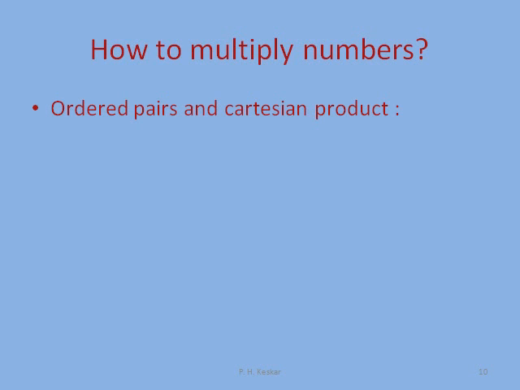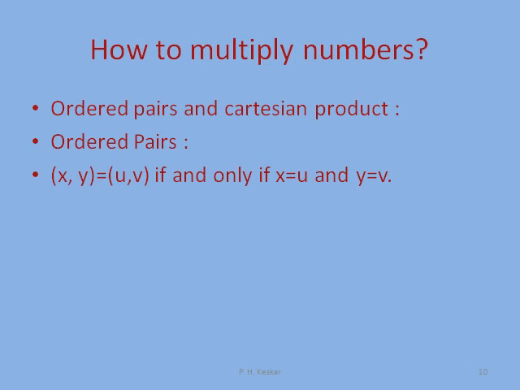The concept that comes to our rescue is ordered pairs, or the Cartesian product. So recall that for an ordered pair x and y, two ordered pairs are equal exactly when the first components are equal and the second components are equal, that is x is equal to u and y is equal to v.